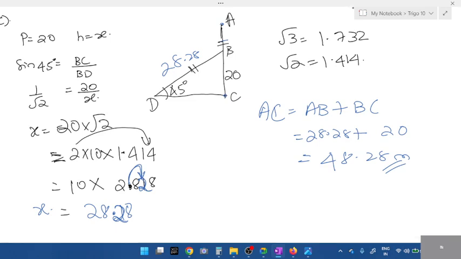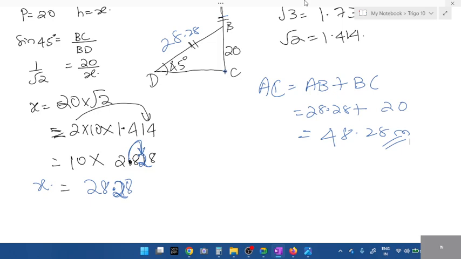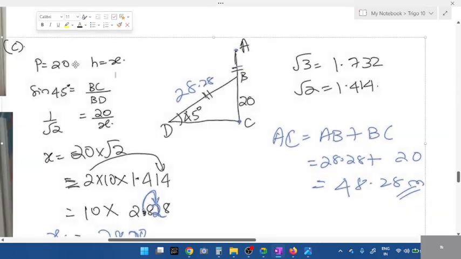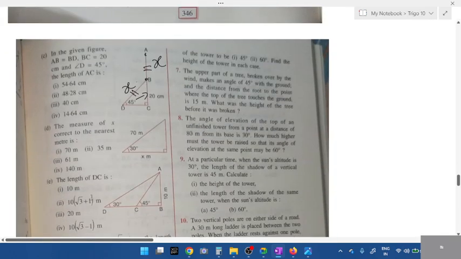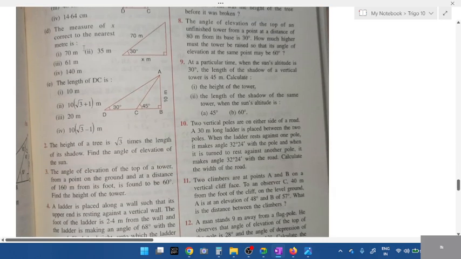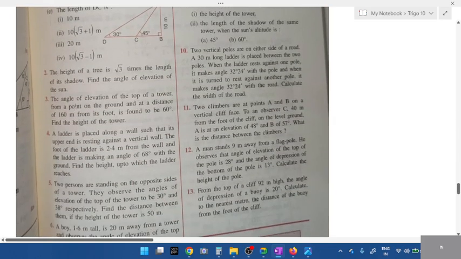All of you got the value? Response, students. And a diagram is not required. This is an MCQ question. Diagram is not required. I'm going to give the other one for homework. You can try it, students. Second one is done.